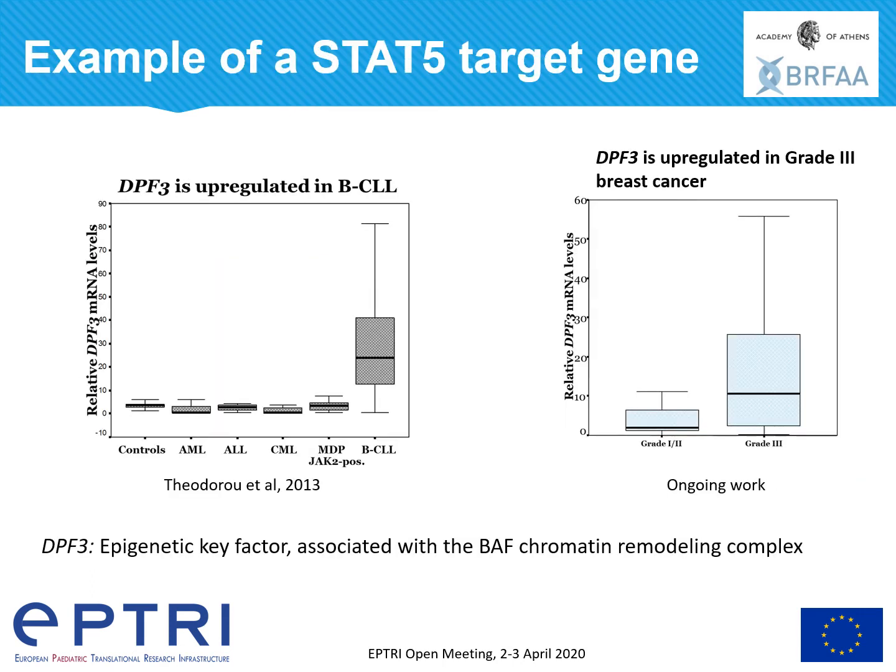As an example of how all these target genes can be used in translational research, I'm going to show you some data of our work on a specific STAT5 target gene we identified in the past, which is called GPF3, and which is an epigenetic key factor associated with a BAF chromatin remodeling complex.